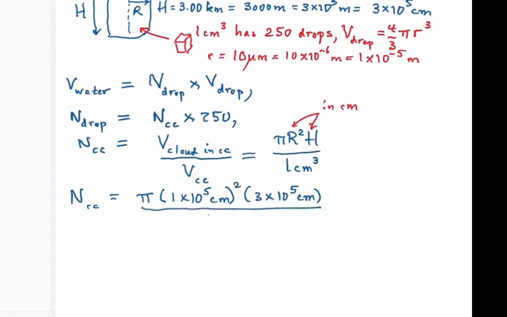Divided by 1 cubic centimeter. All the units between the numerator and the denominator are going to cancel, and I'll write down with some extra sig figs, because it's an intermediate step, how many cubic centimeters there are in this cloud. 9.425 times 10 to the 15.